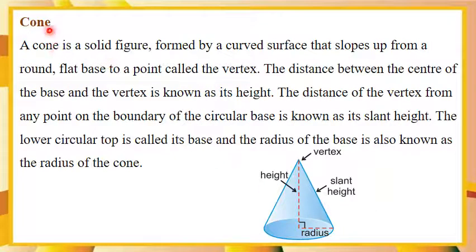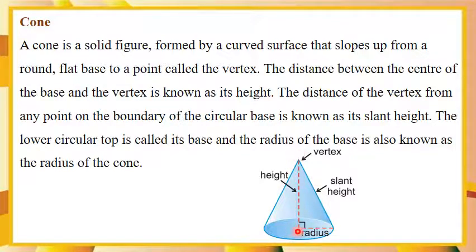Okay, now cone. A cone is a solid figure formed by a curved surface that slopes up from a round, flat base to a point called the vertex. As you are observing over here, this is a round base and this is a pointed end, it is called the vertex. The distance between the center of the base and the vertex is known as its height.